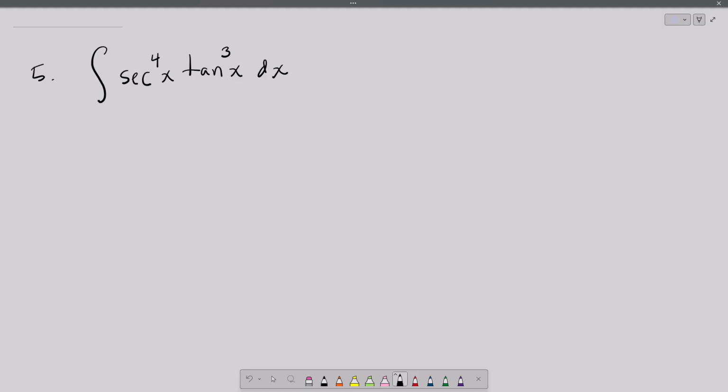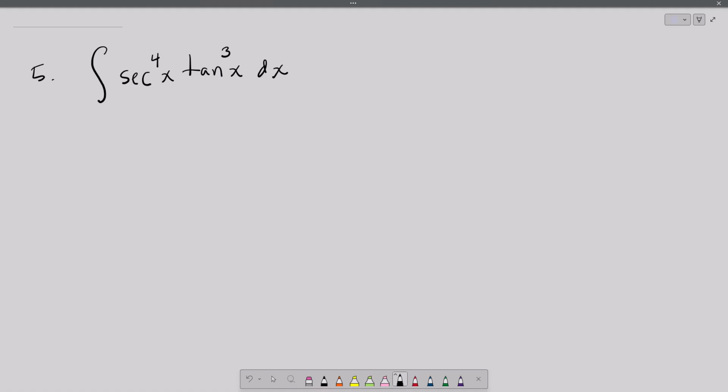So this one could be done in 2 different ways. One way is better than the other. So the piece that we have to remember is that if secant is to an even power, we're going to pull off a secant squared and convert the leftovers to tangent. The concept being that if we let u be tangent, the derivative is secant squared, so what we pulled off will match.